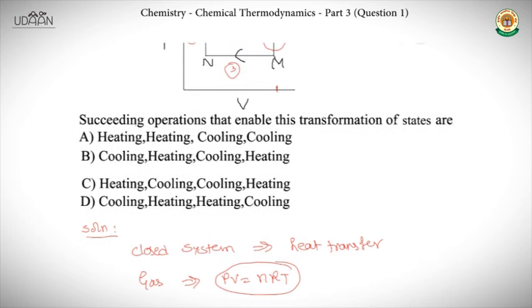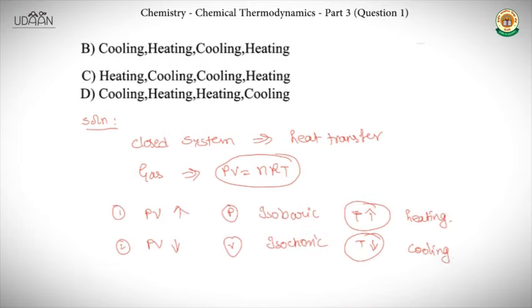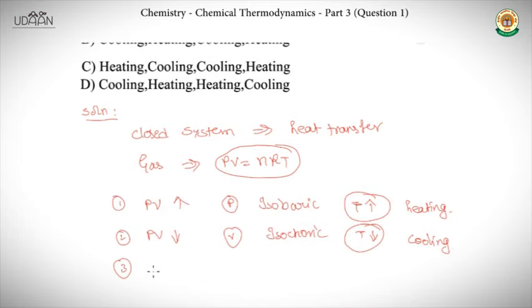Similarly, when we see process 3 and 4, in process 3, pressure is constant, volume is decreasing, so isobaric again. So product PV is decreasing, P being constant, V coming down. So temperature is decreasing.